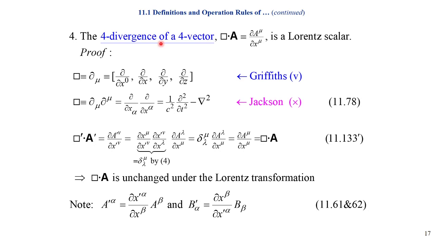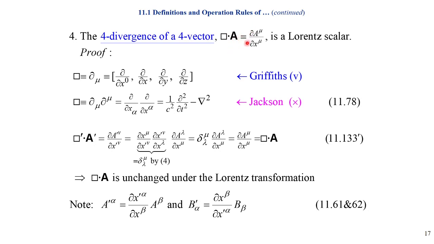Now we can generate a four vector from the gradient of a Lorentz scalar, Lorentz invariant. Okay, so can we take the divergence of a four vector? Yes, we can do that. How? Denoted just like three dimensions. In three dimensions, we have divergence of A, and we have the four divergence of A, but A is a four vector, not just three components, it's four components.